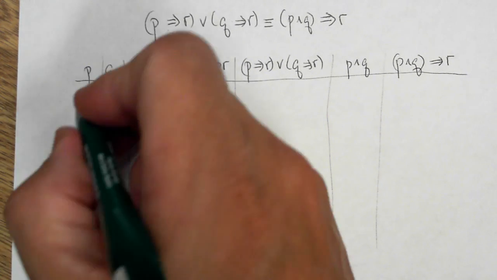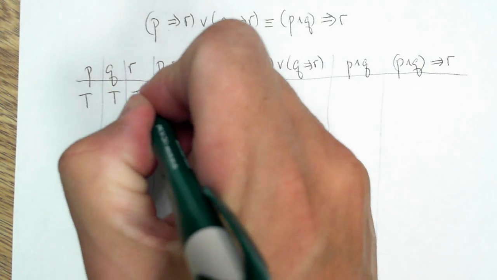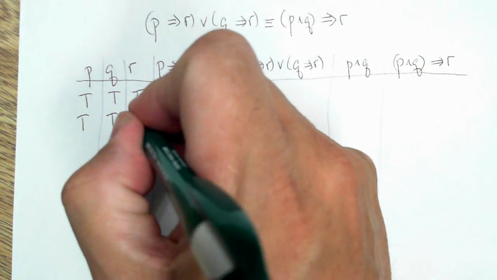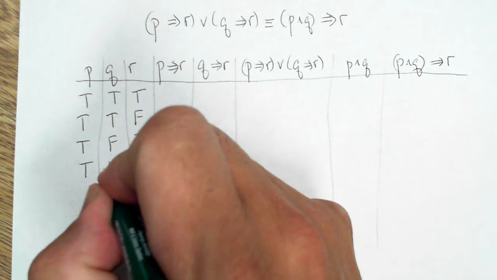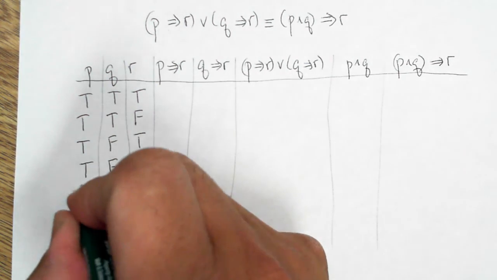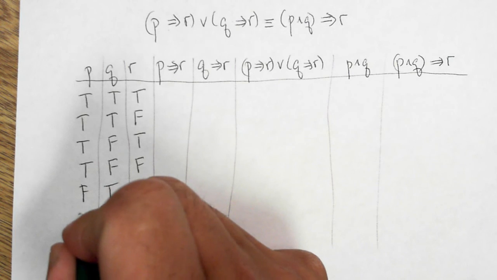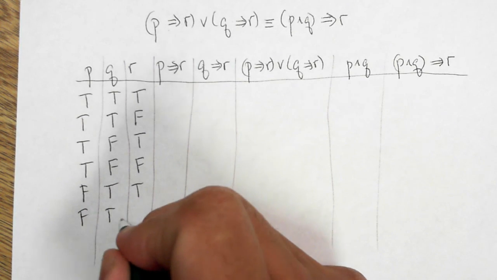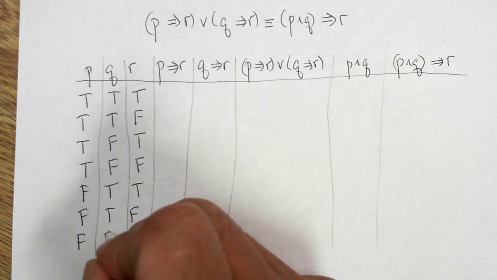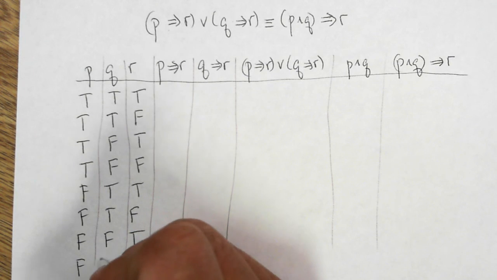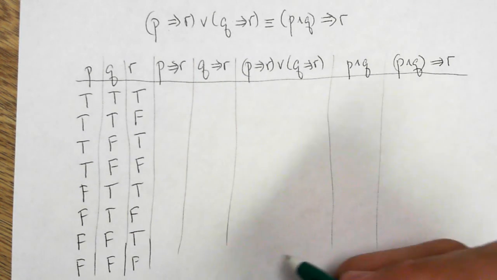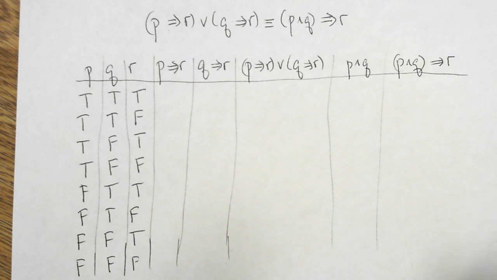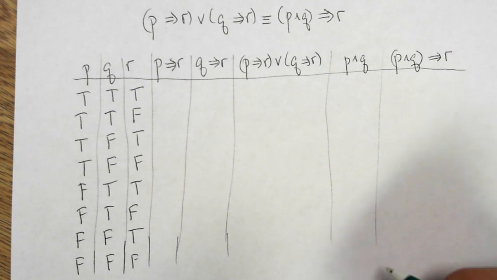So true, true, true, true, true, false, true, false, true, true, false, false, false, true, true, false, true, false, false, false, true, and finally false, false, false. Okay, so those are the 8 rows that I'll have for this truth table.